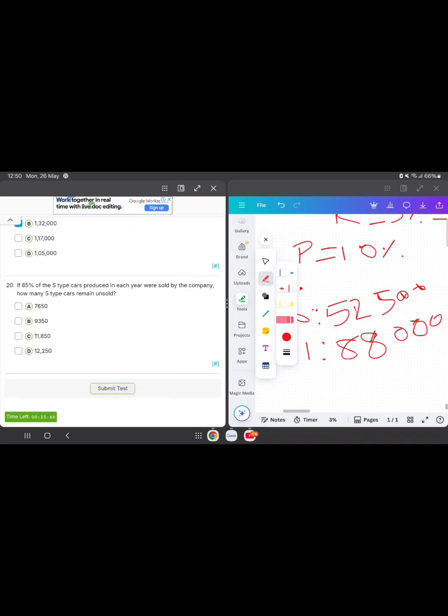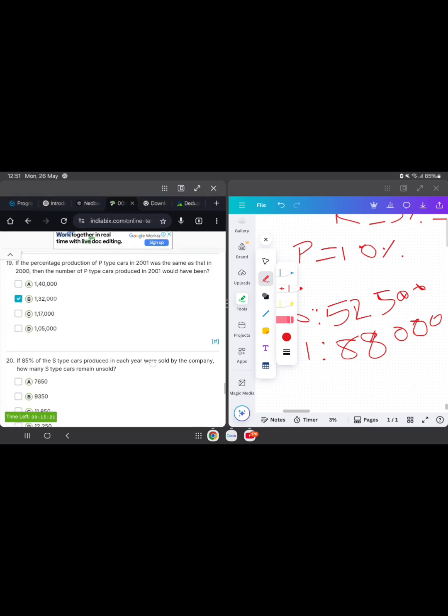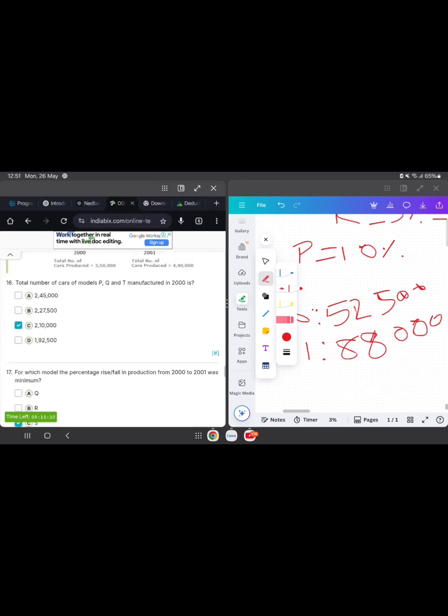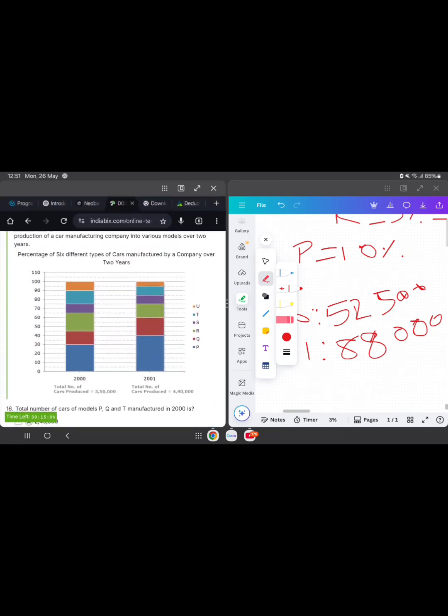Okay, and then for question 20, it says 85% of the S-type cars produced in each year were sold by the company. How many type S cars remain unsold? So firstly we have to calculate the total number of S-type cars that were produced in both 2000 and 2001. In 2000, the percentage of S is 10%, same as 2001.